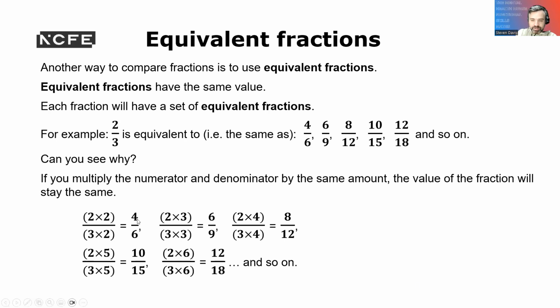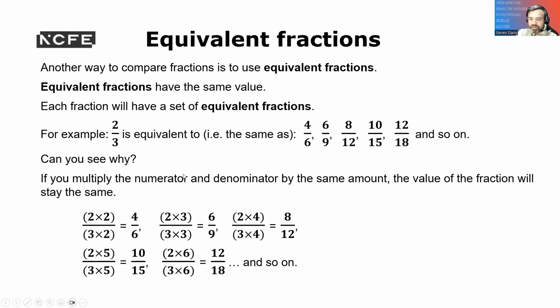So in other words, 2 times 2 is 4, 3 times 2 is 6, equals 4/6. 2 times 3 is 6, 3 times 3 is 9. You see? So 8/12, 2 times 4 is 8, 3 times 4 is 12. 2 times 5 is 10, 3 times 5 is 15. 2 times 6 is 12, and 3 times 6 is 18.